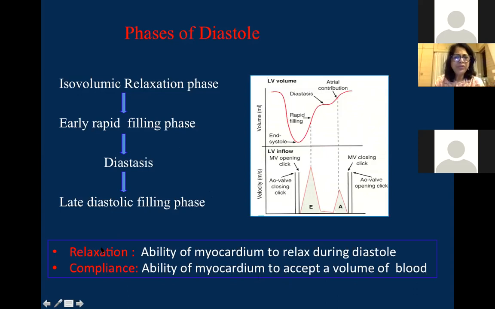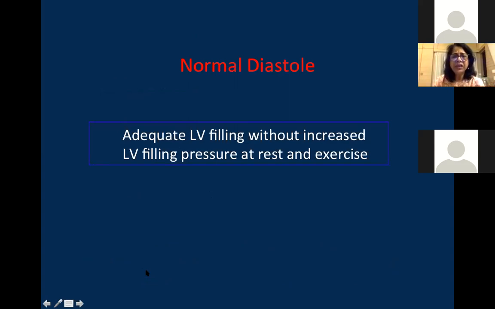So if both these factors are behaving normally in a person, in normal diastole, there will be adequate LV filling without increased filling pressure, both at rest as well as at exercise.